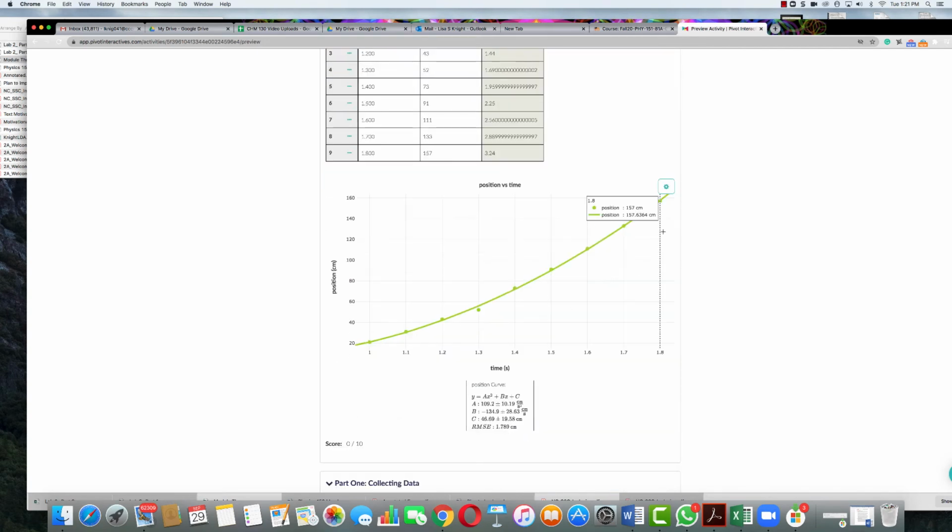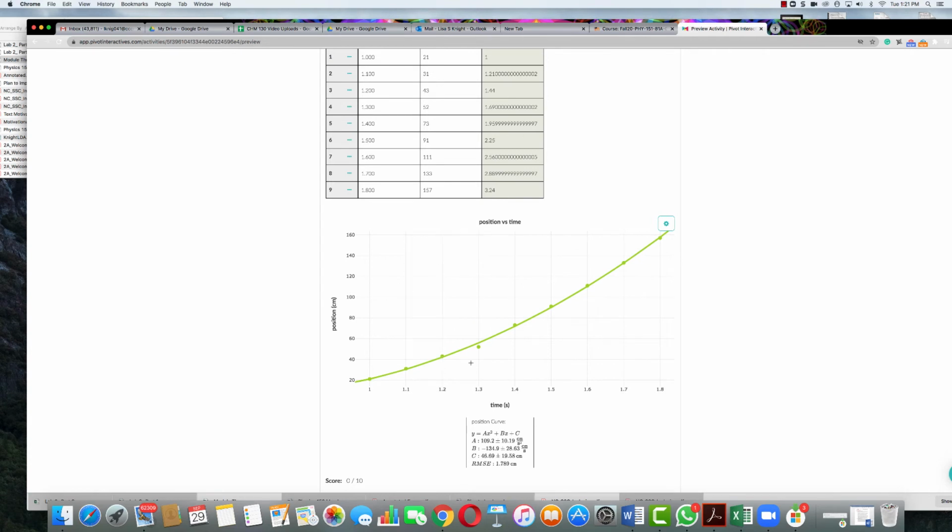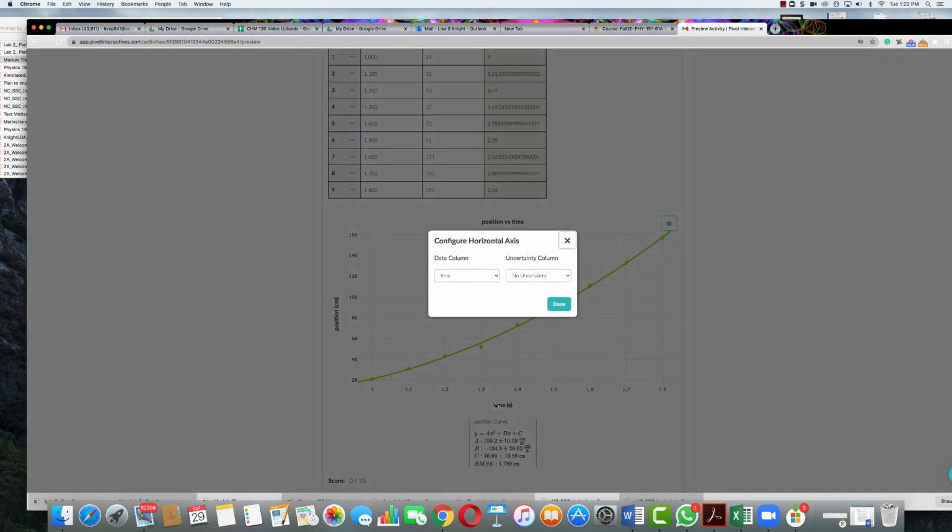And so now they want to graph that, and if that is a quadratic relationship between x and t, then when I do a position versus time squared graph, it'll flatten out. So I'm just going to come over here to my column, and instead of choosing time, I'm going to choose time squared.